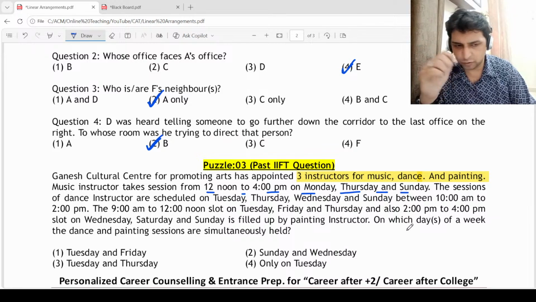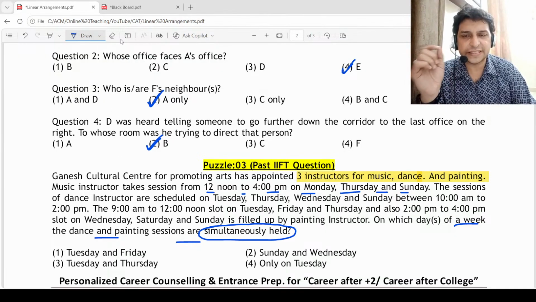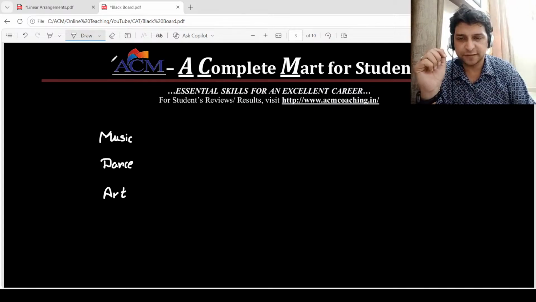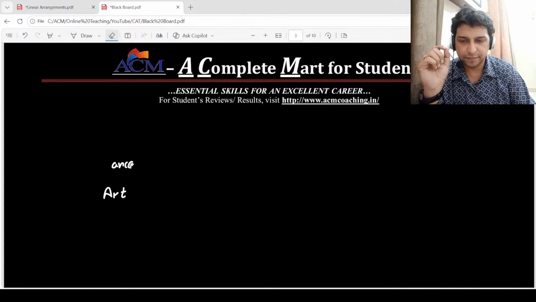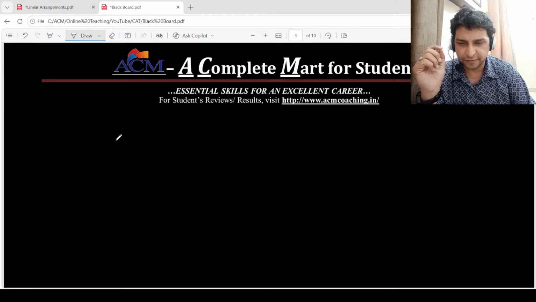But because we need to know on which day dance and painting are simultaneously held, let's not take the instructors, let's take the timings and days. I think that's going to be better because that will let me know the overlapping. So let's take the days. Days are Monday, Thursday, Sunday, Wednesday, Friday, and Saturday. So all the 7 days are there.